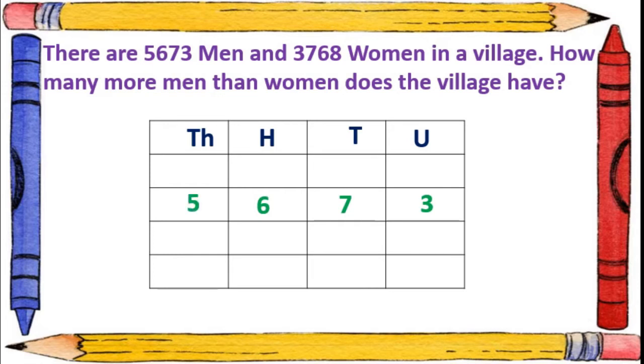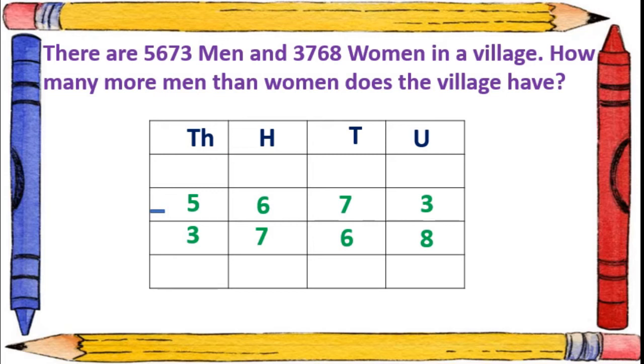Okay, now minus the number of women in the village, that is 3,768. Yeah, 8, 6, 7, 3. Okay, now we will begin our subtraction.